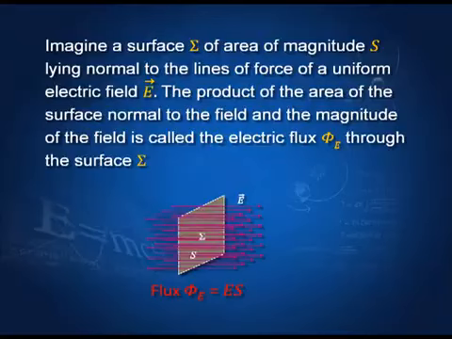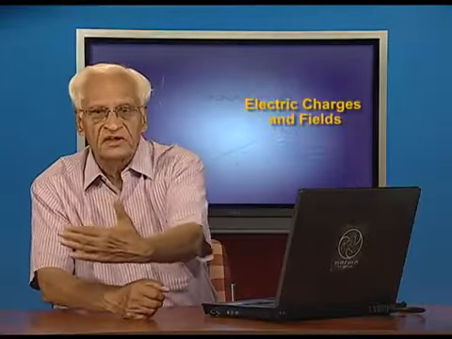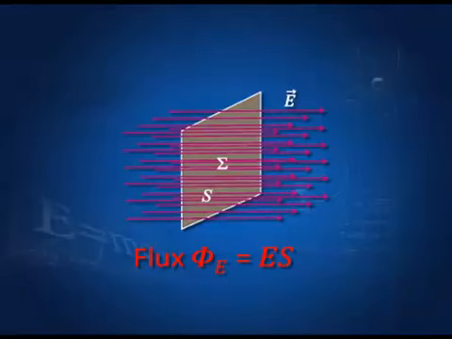This means that the normal to the surface is parallel to the electric field. Then we say that the flux going through this surface is the area of this surface into the magnitude of the electric field, that is E times S.